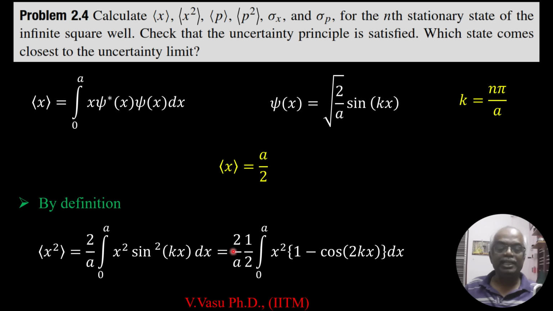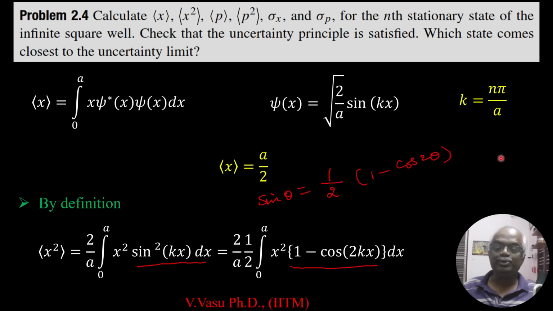Sine squared theta can be written as 1 over 2 times 1 minus cos 2 theta. Using that relation, sine squared is rewritten as 1 minus cos 2kx, because 2 theta is 2kx, and 1 over 2 comes here.